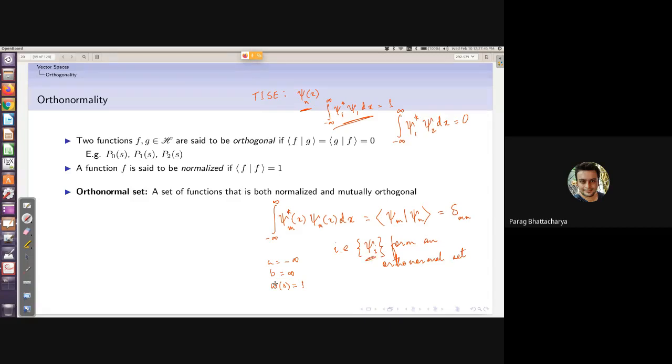That means this set of eigenfunctions can be used as a basis, because if it's an orthonormal set, that means they must be linearly independent. All these psi i's must be linearly independent. And remember the three theorems that we did, that linear independence implies that this can be used as a basis. So if it can be used as a basis, in general, if I have a solution from the time independent Schrodinger equation.